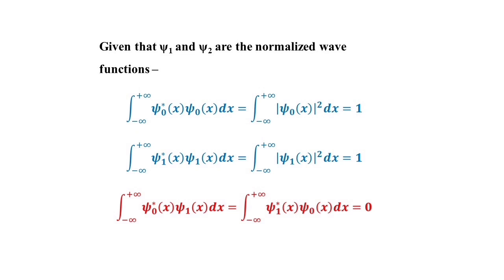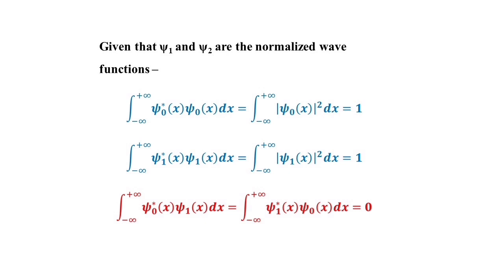Given that the ground state wave function is psi naught and the first excited state wave function is psi 1, and they are normalized, we can write by using the orthonormalization condition of wave function: integration from minus infinity to plus infinity psi naught star x psi naught x dx, that is, integration of mod of psi naught x square dx, is equal to 1, and similarly integration of mod of psi 1 x square dx is equal to 1.